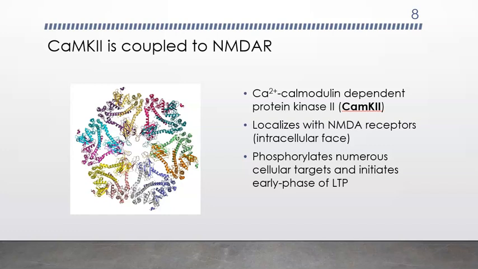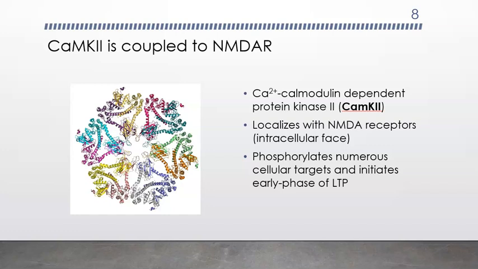Now, I mentioned CAMK2, which is coupled with NMDA receptors. So calcium calmodulin-dependent protein kinase 2 is the full name. It's a protein kinase. I mean, that's really all it is. But it's localized within those NMDA receptors on the intracellular phase.